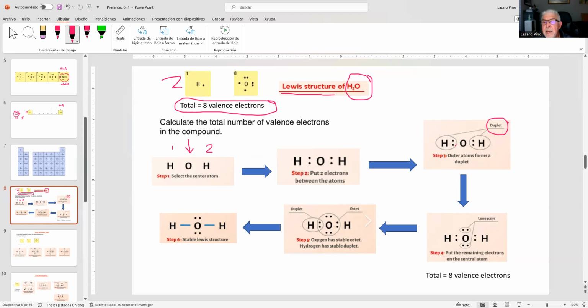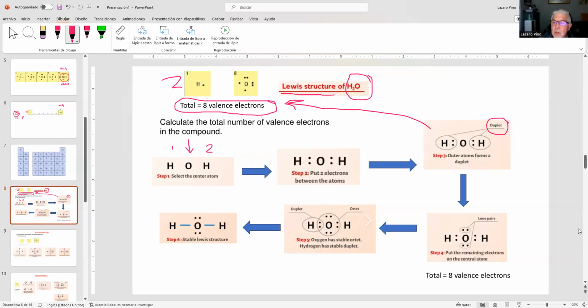But oxygen now has 4 electrons, 2 here and 2 here. Remember that they are sharing electrons. So oxygen until this moment has 4 electrons, but I told you that we have in all 8 valence electrons.